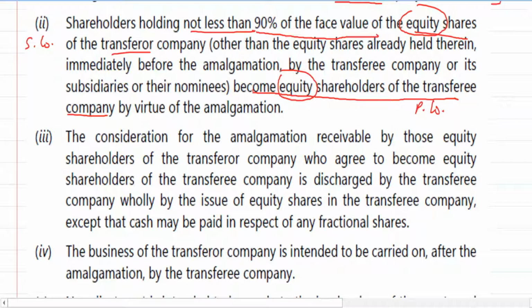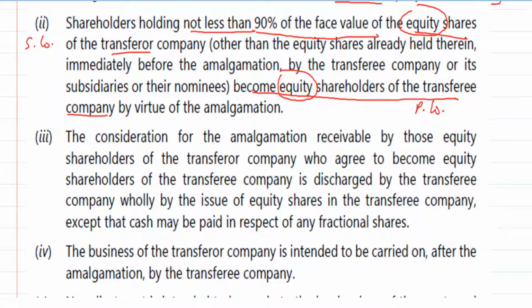Think for a moment. How is it possible that an equity shareholder of the selling company will also become an equity shareholder of the purchasing company? This is possible only if the purchasing company settles the purchase consideration by issuing equity shares. See, only then this is possible. Otherwise, it's not possible. For example, let us say the purchasing company has decided to take over the selling company for cash.